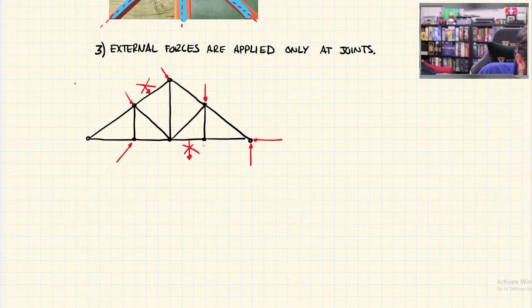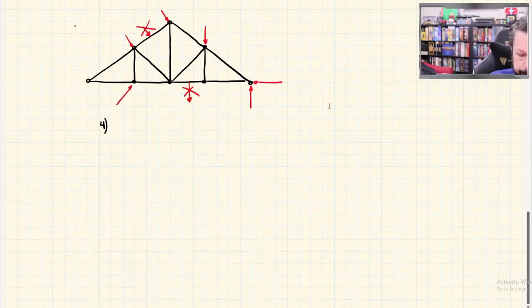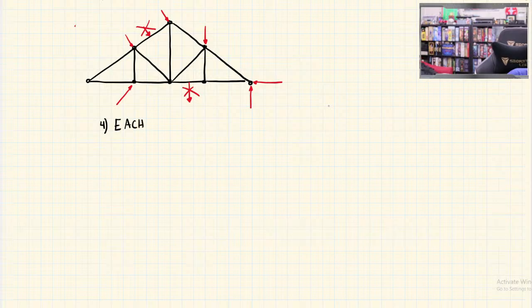All right. Rule number 4. Each member only has 2 pins. Remember we said that members are connected by frictionless pins. Well, each member only has 2 pins.